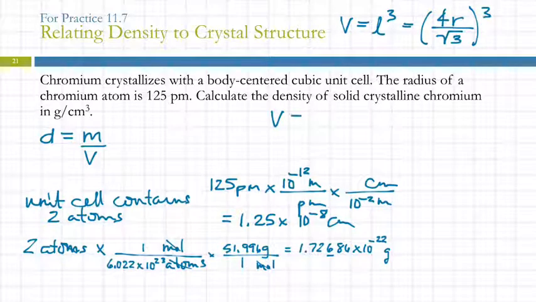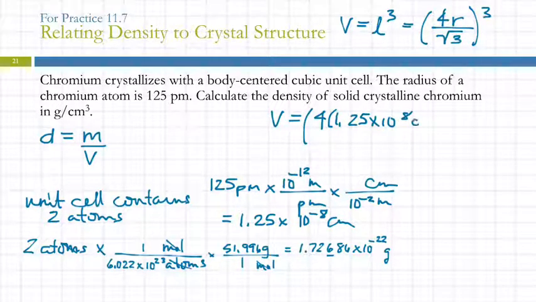So the volume is going to equal 4 times 1.25 times 10 to the minus 8 centimeters divided by the square root of 3. Let's see if I can do it correctly this time. 4 times 1.25 EE minus 8 divided by square root of 3.